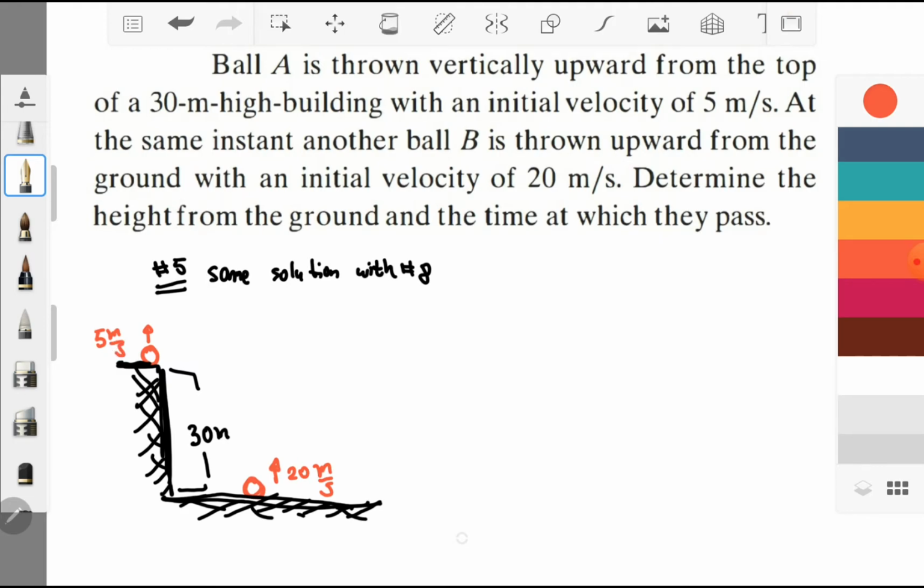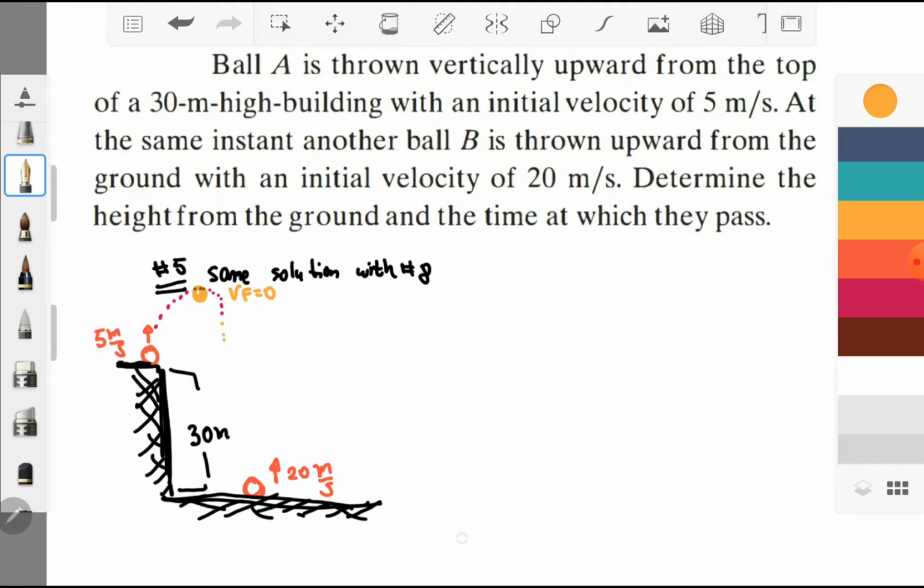Okay. So what will be our procedure of analysis? So first, take note that our 5 meter per second ball is thrown upward. So therefore, it is not thrown downward. So upward siya. So it would reach its maximum value. Okay. So let's say this will be your point A, where the ball will have a VF equals 0.